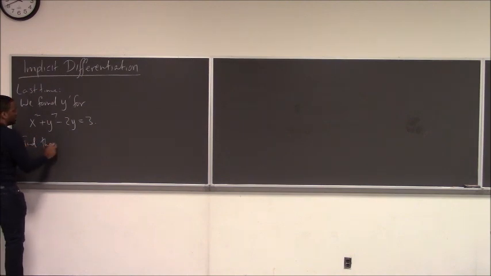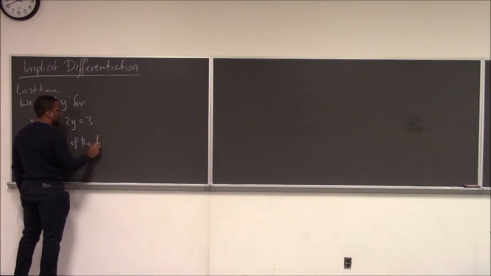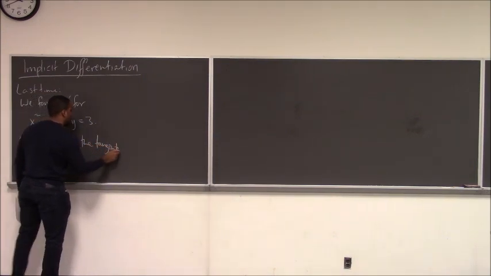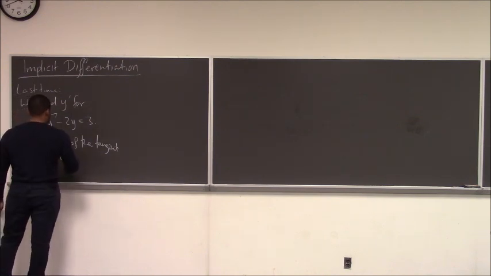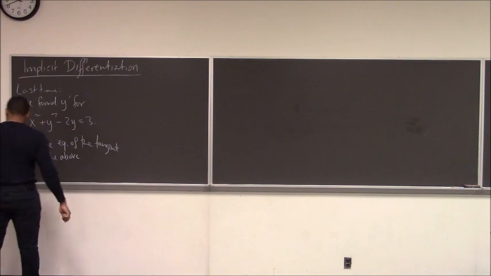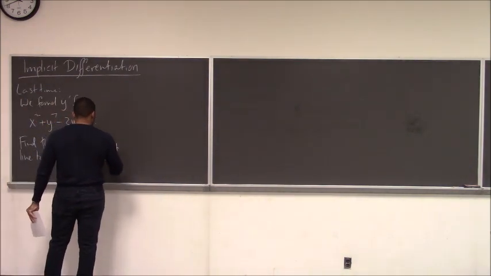Find the equation of the tangent line to the above at the point (2, 1).